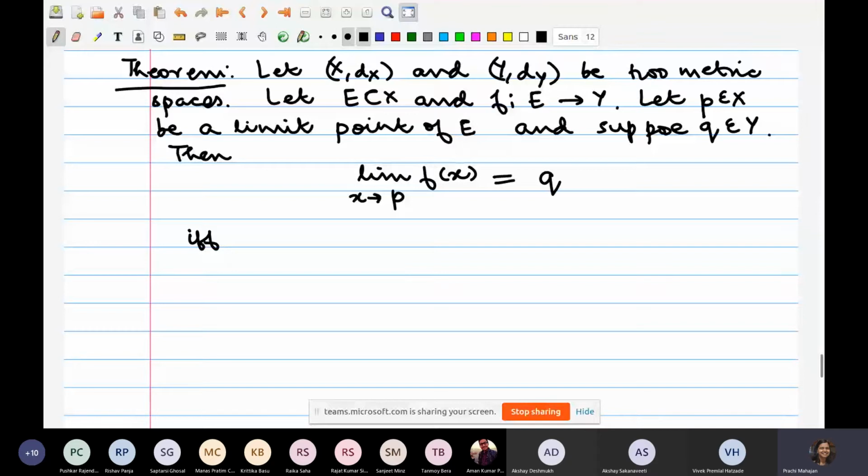Equals Q if and only if for all the sequences, so I should write them by some name.